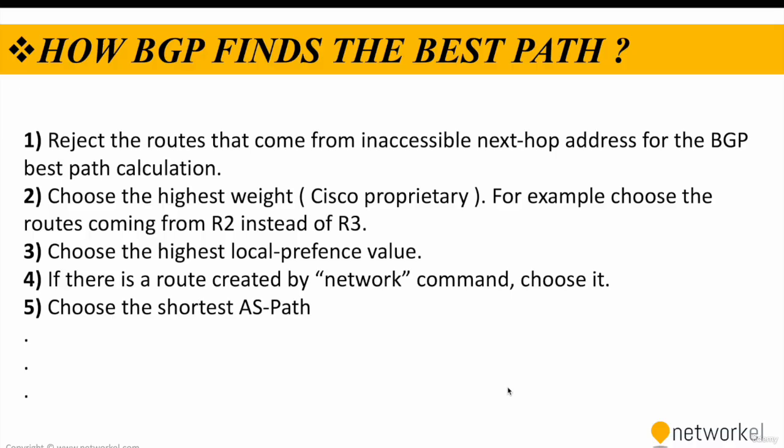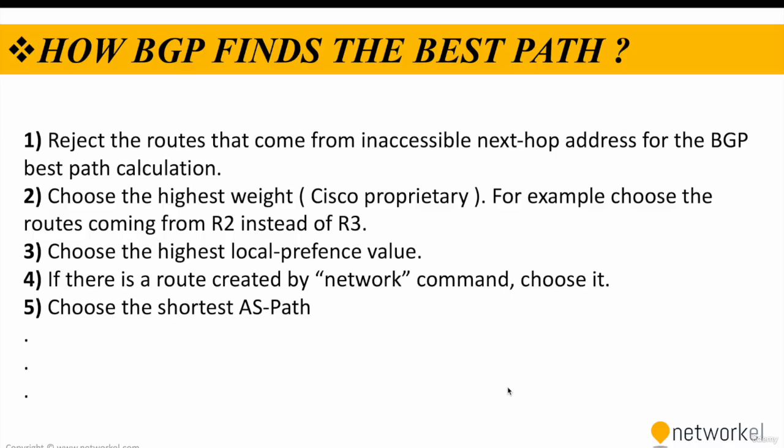The second thing, BGP chooses the highest weight, okay, which is Cisco proprietary, and for example, it chooses the routes coming from one router over another. But weight is a local attribute to the router, is not advertised to neighbor routers, as I told you again.